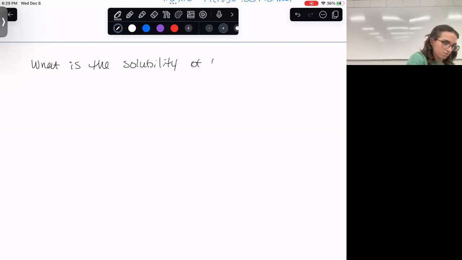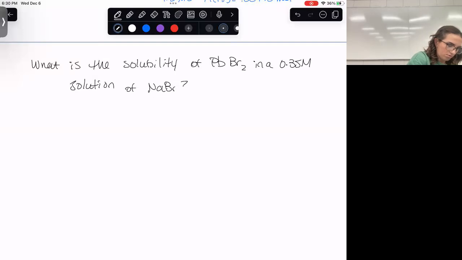Okay, so D11 from exam 5 could show up. B11 from exam 5, I don't think will.